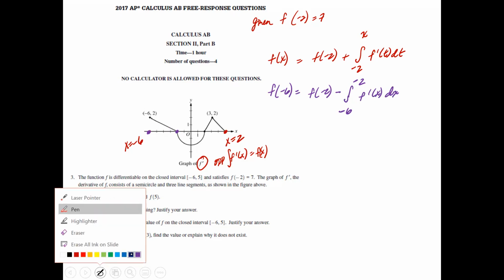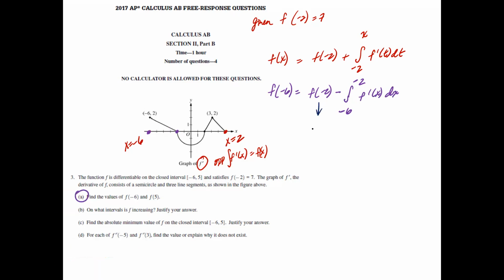It's given to you that f of -2 is just 7. But then from -6 to -2 is going to represent this triangle that we found previously to be 4. So then we have 7 minus 4, which is going to equal 3. And that is your answer for f of -6.